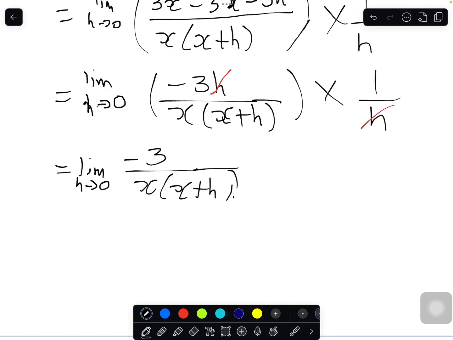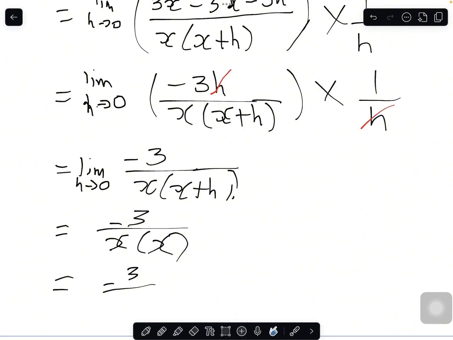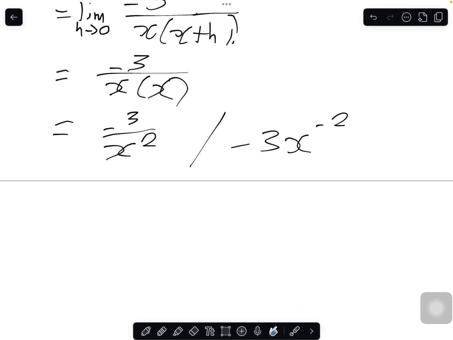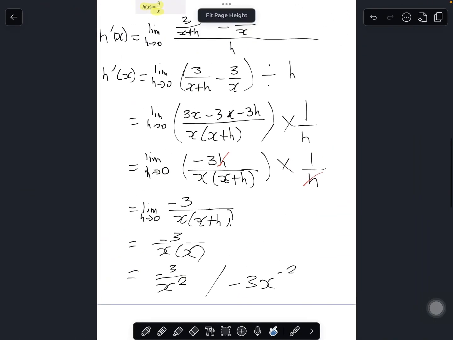I can now apply my limit, and after applying my limit, I would have negative 3 over x into x, and then my final answer would be negative 3 over x squared. You could also write this as negative 3x to the minus 2. So that's how you also do the fractions.